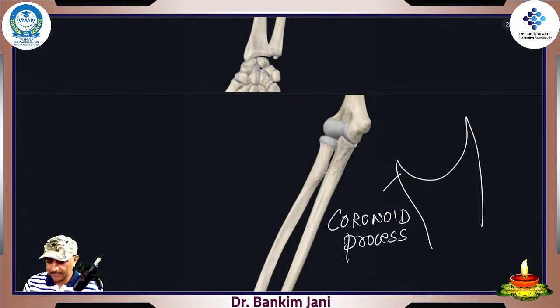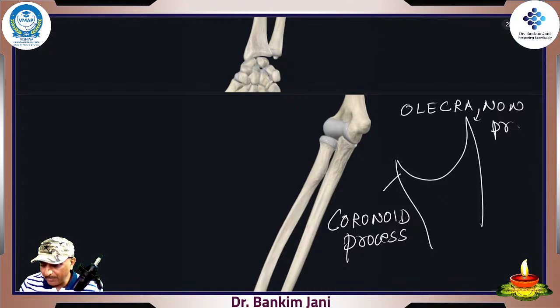And this back one is called the olecranon process. And in between, this is called the trochlear notch, the notch for trochlea.